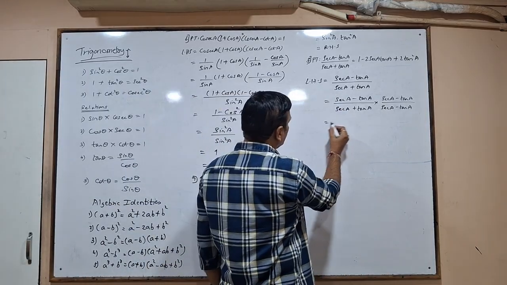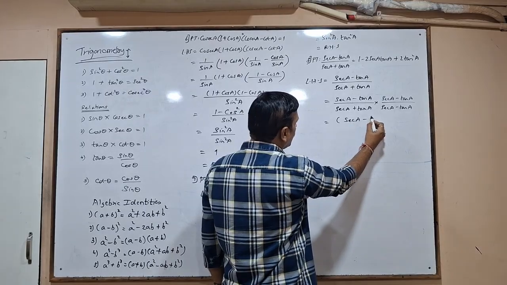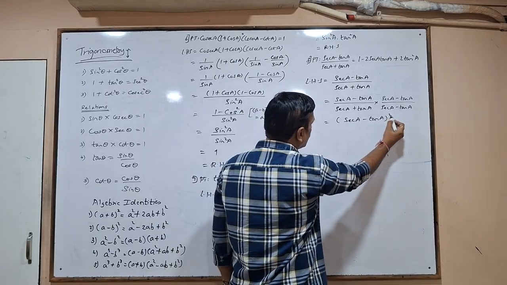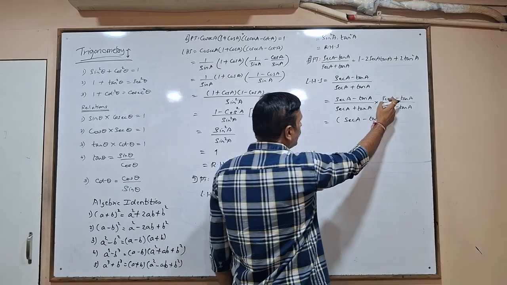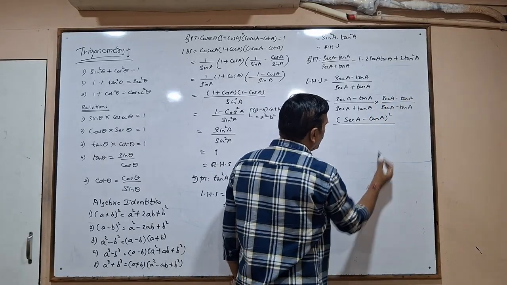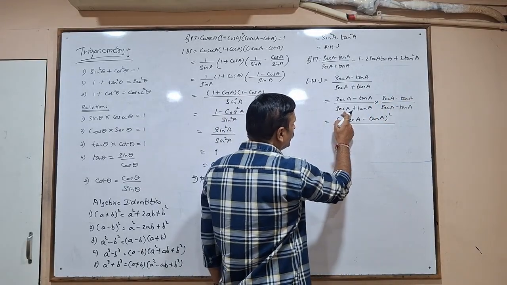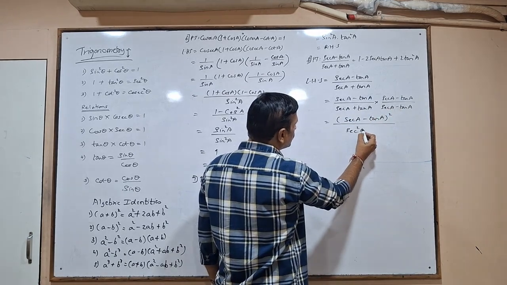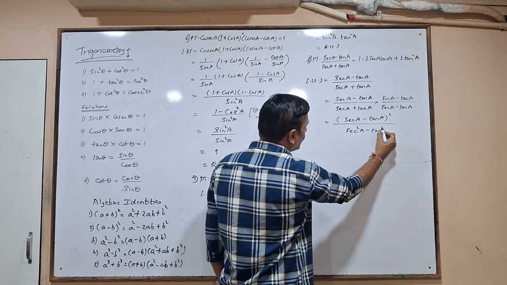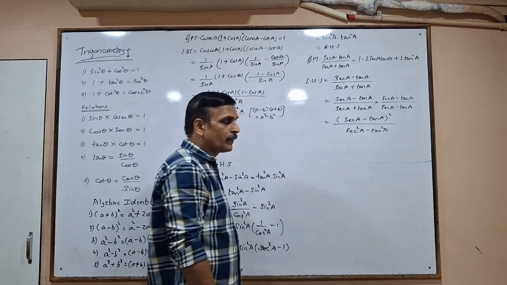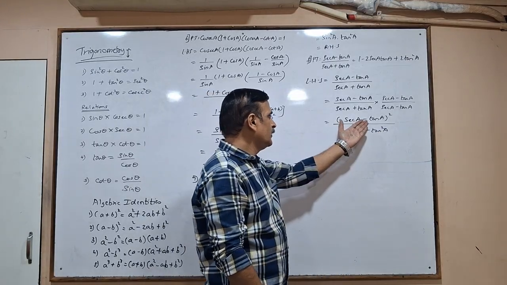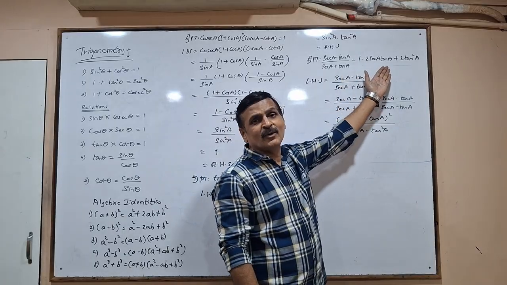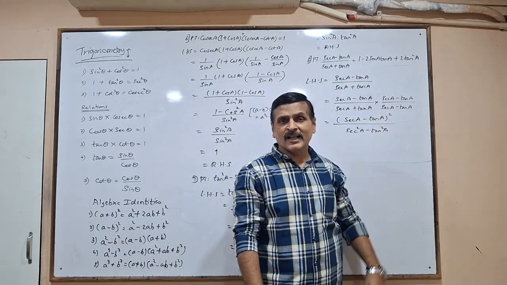So now what is numerator? It is sec A minus tan A the whole square. A minus B, A minus B. So it is A minus B the whole square. Denominator is A plus B into A minus B, which is A square minus B square. Numerator is not what is required in RHS. So obviously I expand.